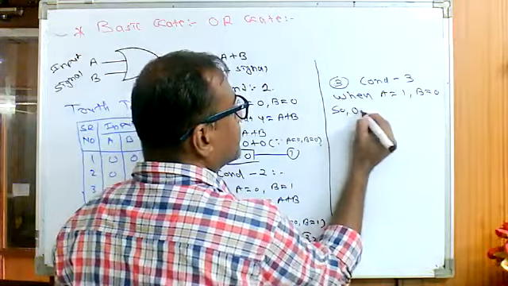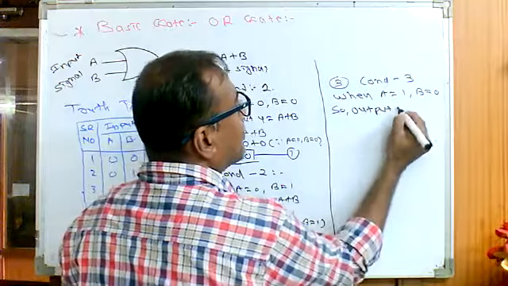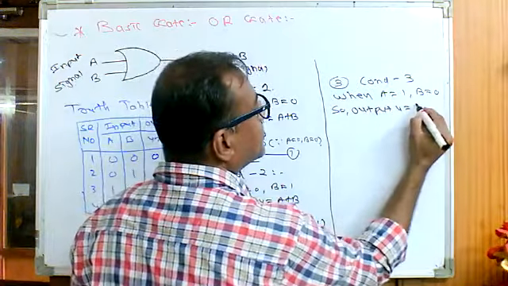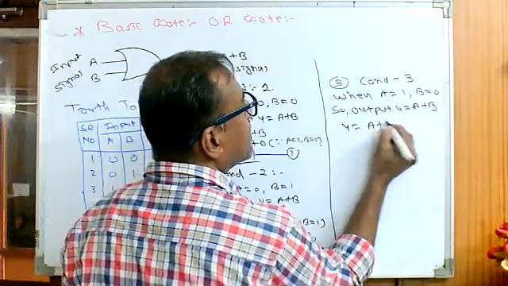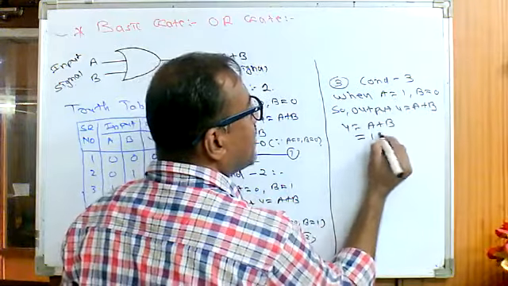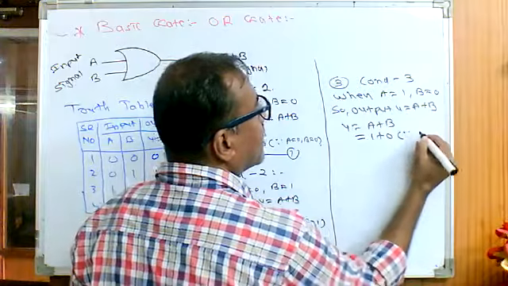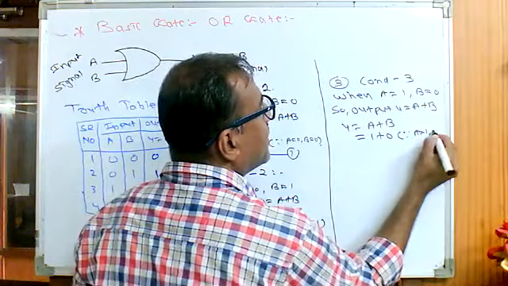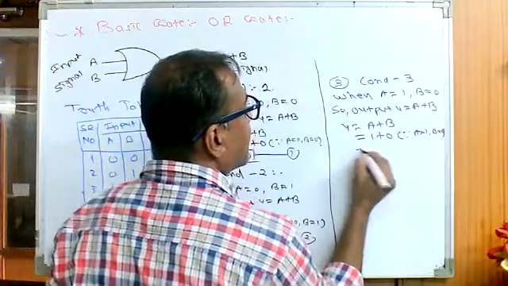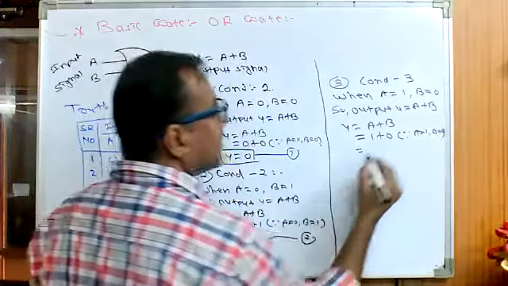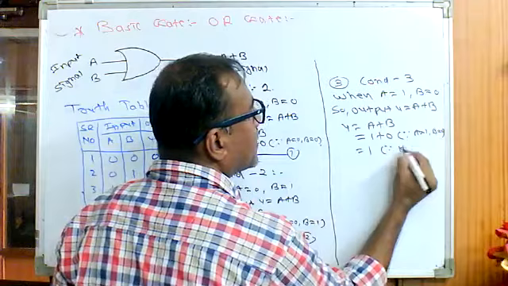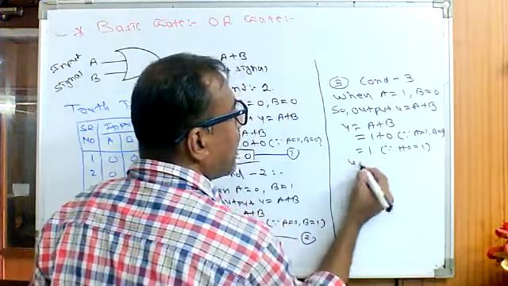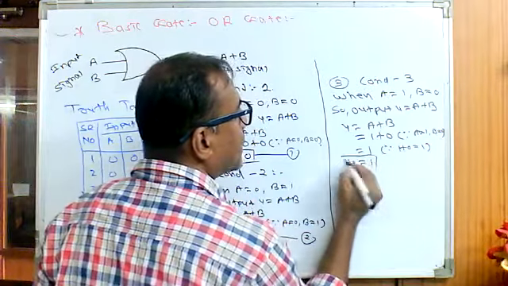So the output Y is equal to A plus B, meaning 1 plus 0. A is 1 and B is 0. So 1 plus 0 means the output is 1. Y is equal to 1.